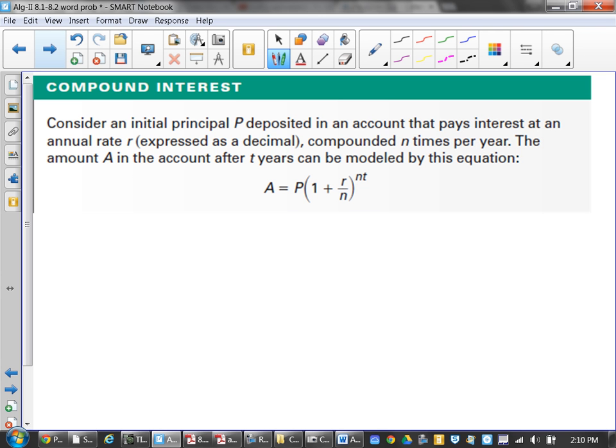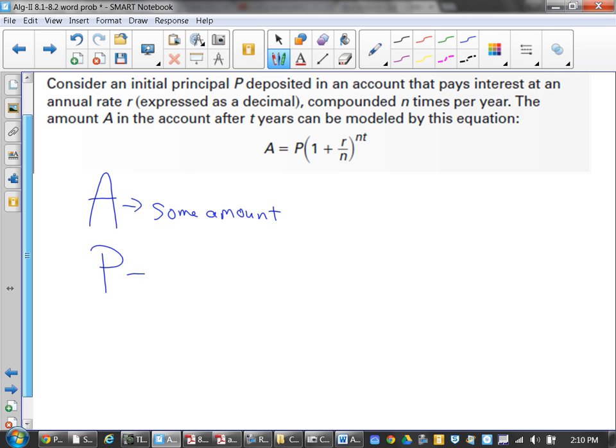So as you go through this, what are all these values? This means that some amount is equal to your original investment, your principal, how much money you start with, again, same thing as your initial amount. Your R is still your rate as a decimal.